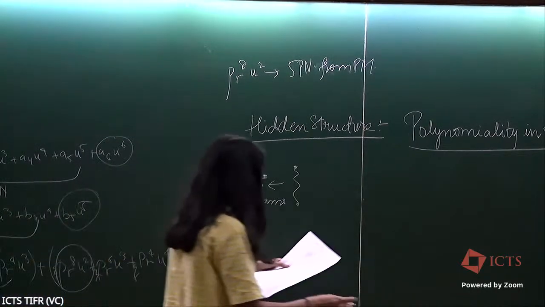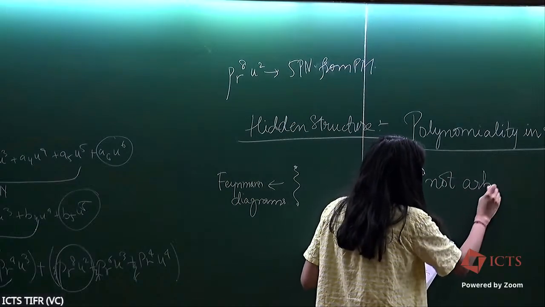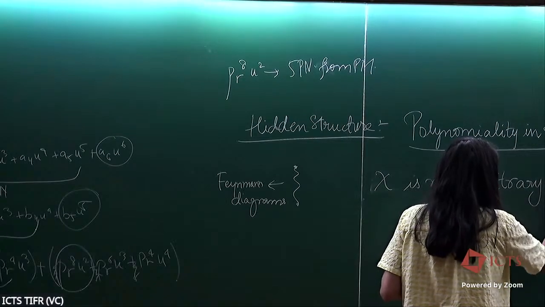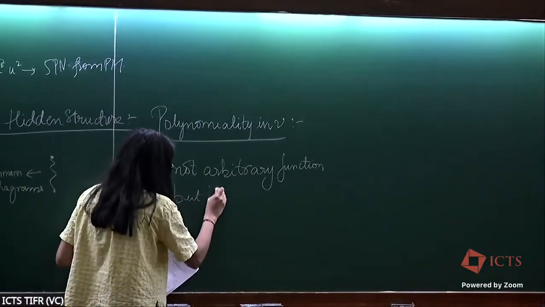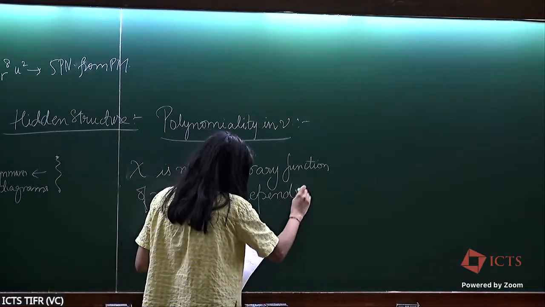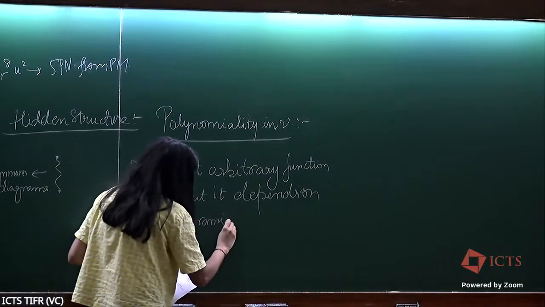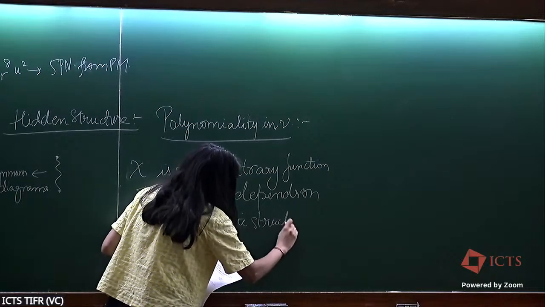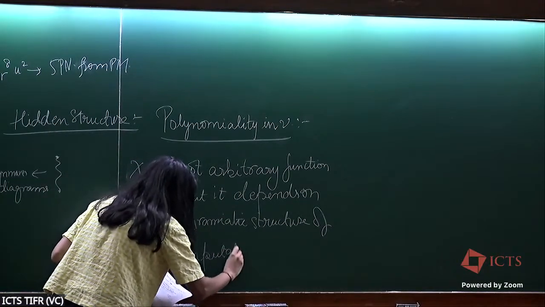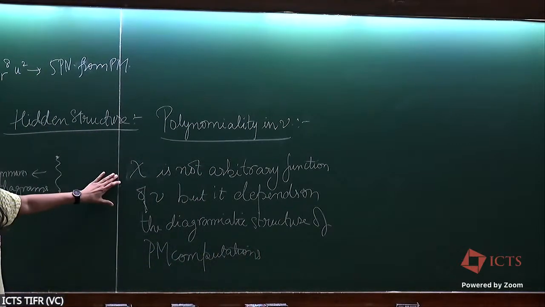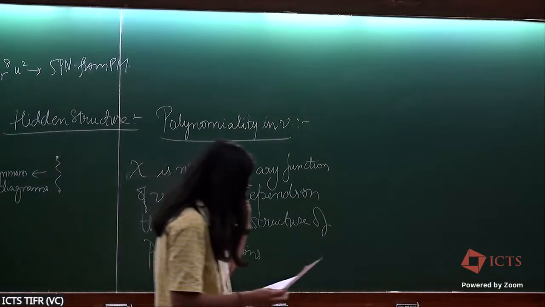So the statement is that it is not an arbitrary function of symmetric mass ratio nu, but it depends on the diagrammatic structure of the PM computations. Basically, the Feynman diagrams determine what the polynomial of chi depends on.